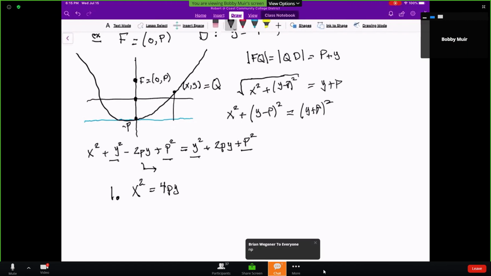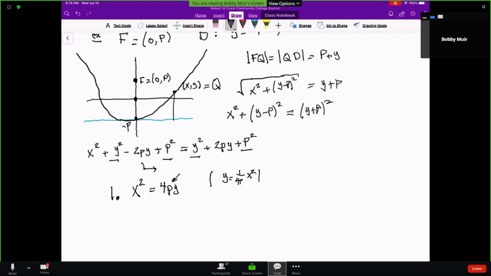Now, the reason that we're not writing y equals, like what you're accustomed to writing, 1 over 4p times x squared, is because of this p. We're now in the business of wanting to identify it.